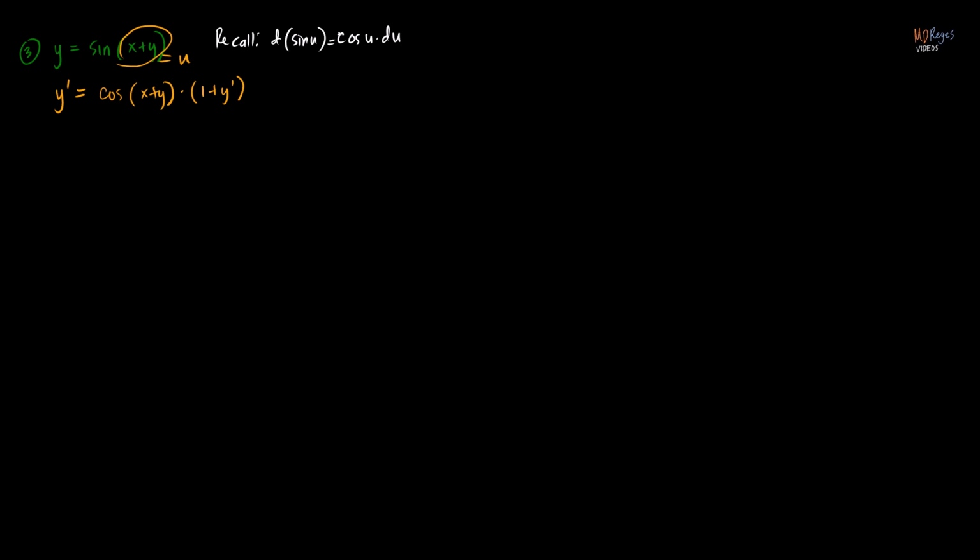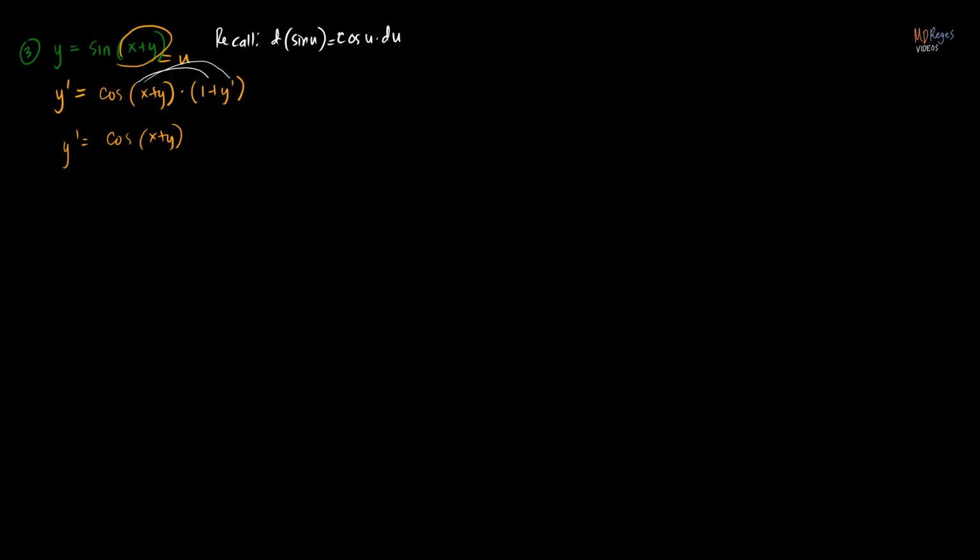Now we'll simplify. We'll remove the grouping symbols on the right side by distributing cosine of x plus y inside 1 plus y prime. So we distribute this inside, and we'll get y prime equals cosine of x plus y.